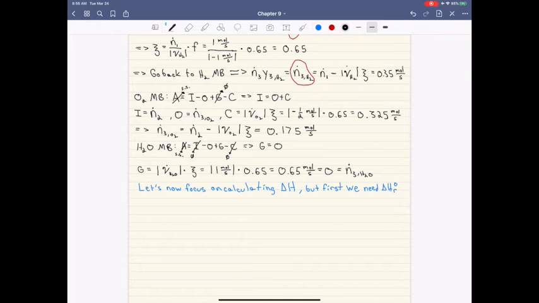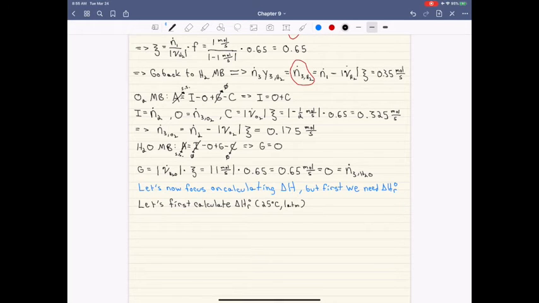So to do that, let's first calculate our standard delta HR, and I'll write out the conditions at 25 C and 1 atm.